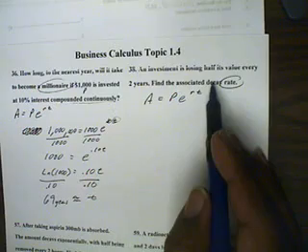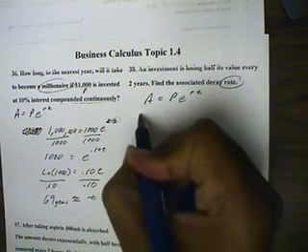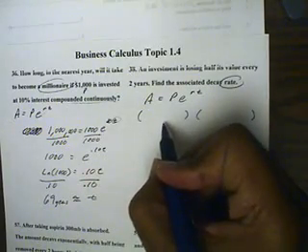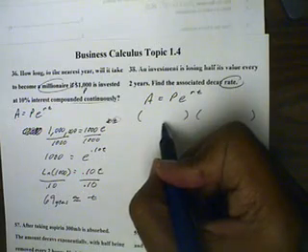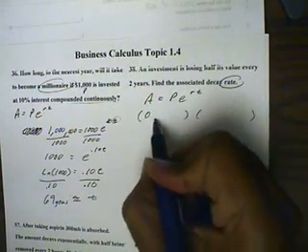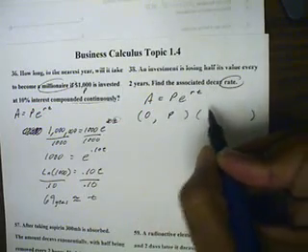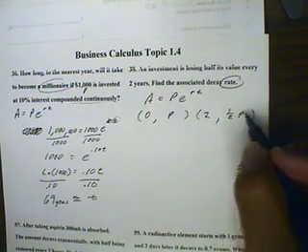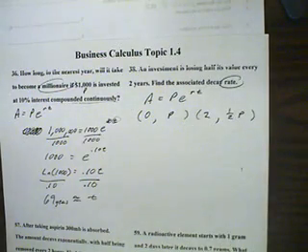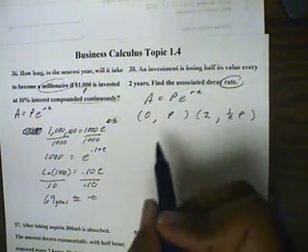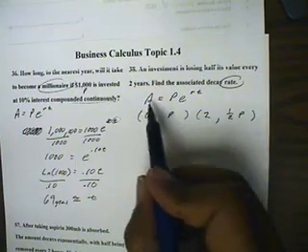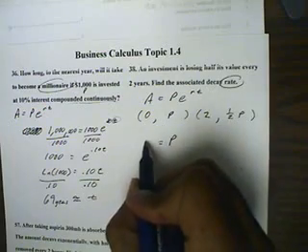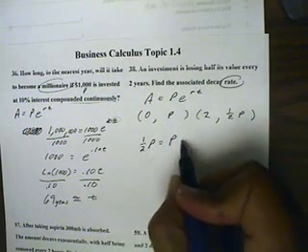So we have, the amount when we first start off, so that's time 0, the amount will be P. And then 2 years later, the output will be half of P. So we're going from P to half of P. P is here, and we're going down to half of P later.